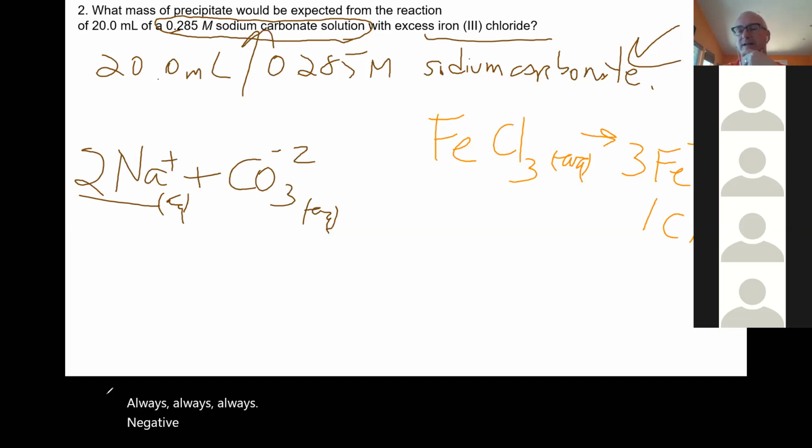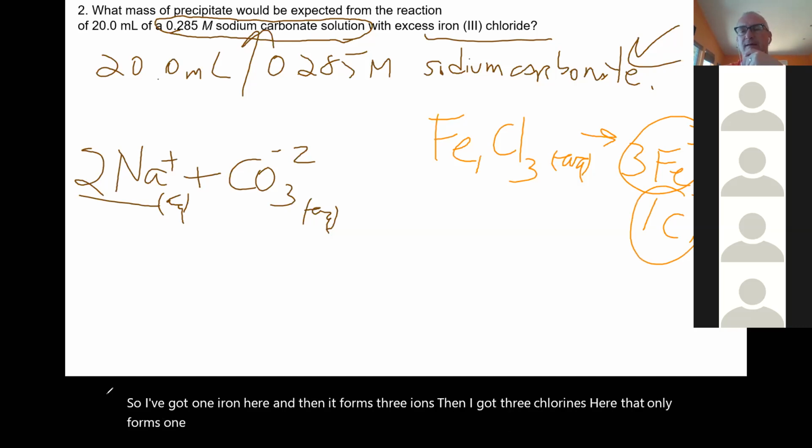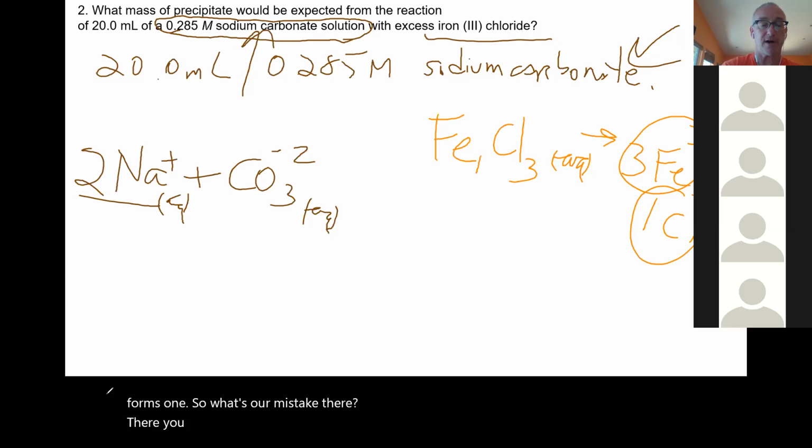Uh-oh, that doesn't really balance, does it? I've got 1 iron here, and then it forms 3 ions. Then I've got 3 chlorines here that only forms 1. So what's our mistake there? It'll just be Fe plus 3 Cl, with the charges, remember there's going to be charges.